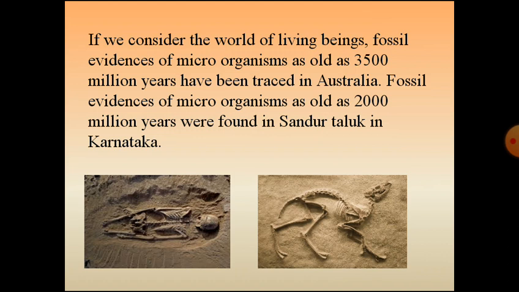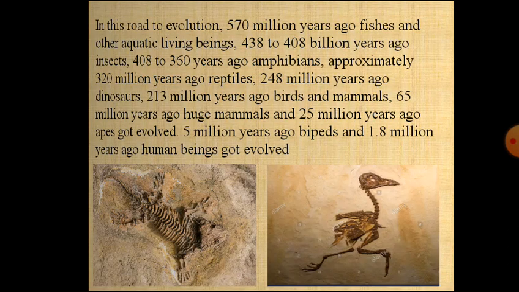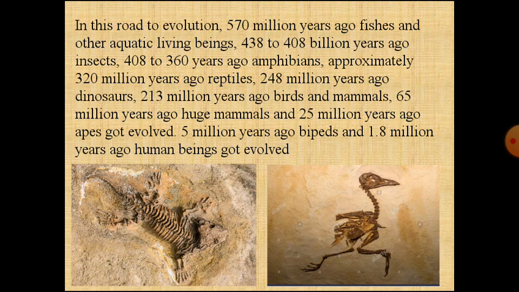In this road of evolution, 570 million years ago, fishes and other aquatic living beings; 430 to 408 million years ago, insects; and 408 to 360 million years ago, amphibians.